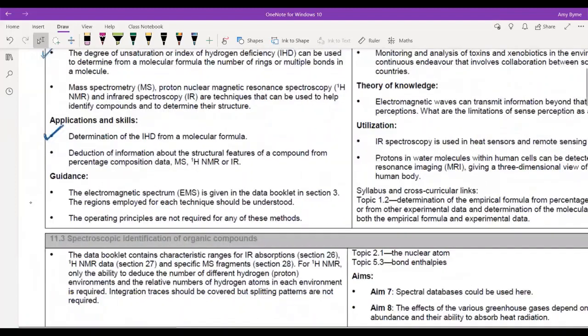So, I've talked about mass spec, and I've talked about how we deduce information from mass spec. You don't need to know operating principles. If that is something that would help you understand how this works, either drop me a comment or send me an email and I can put together another one of these videos.